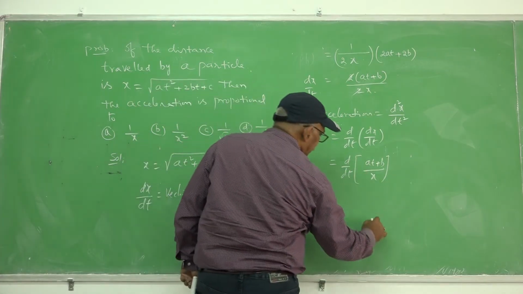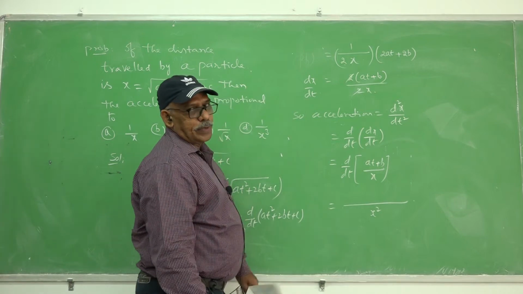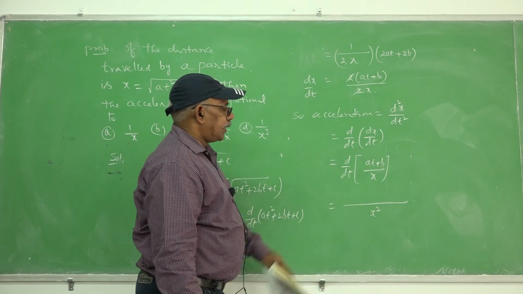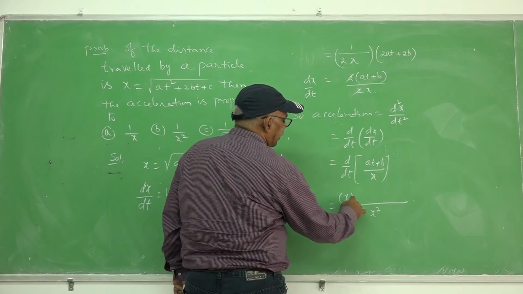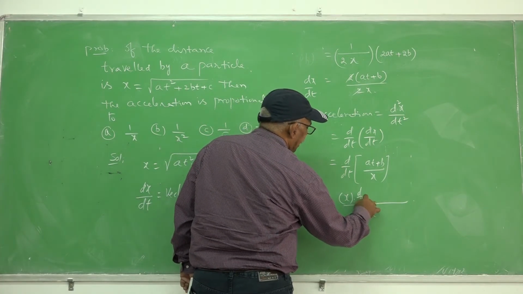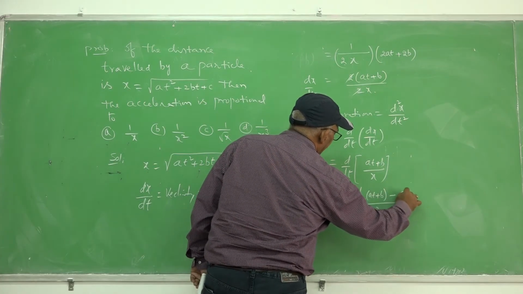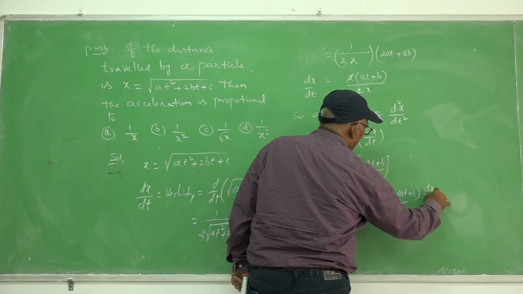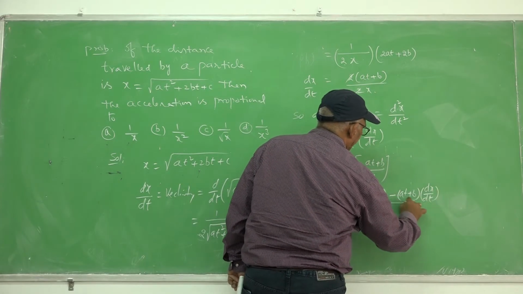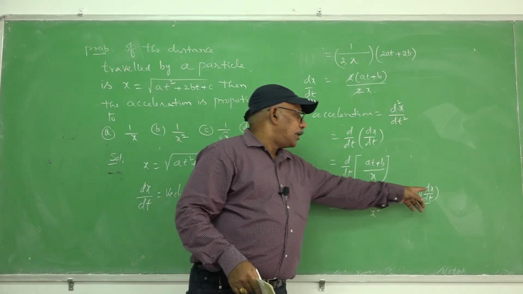Apply the u by v rule. By the u by v rule, we get x square, the denominator square, in the denominator; and in the numerator, denominator into derivative of the numerator with respect to t, minus numerator into derivative of the denominator. Derivative of the denominator x is dx by dt.